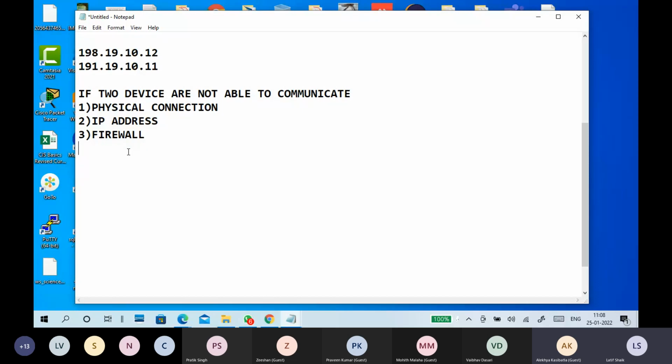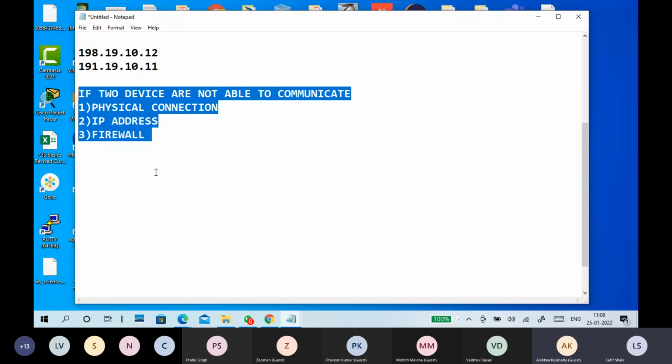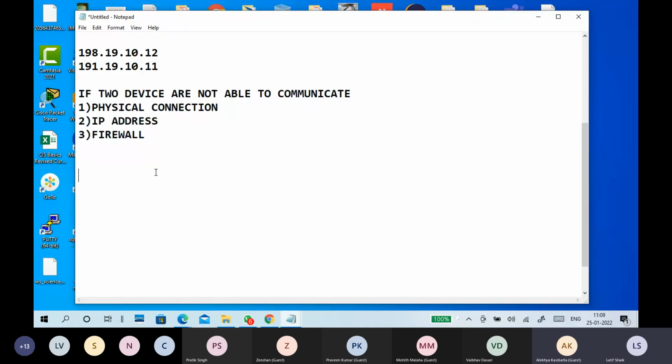I want to communicate with my printer, make sure the printer is on. I want to communicate with another laptop or a mobile phone, make sure that it is on and connected. So both the devices must be connected as well as turned on. That is the basic troubleshooting part.